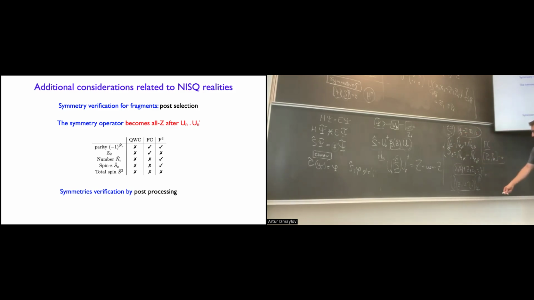And if you apply the unitaries that will transform x to z's, those unitaries will transform some of the z's back to x's, and so then there will be a non-z part, right? So that's why, generally, with fully commuting operator fragments, you cannot simply measure the number of electrons.